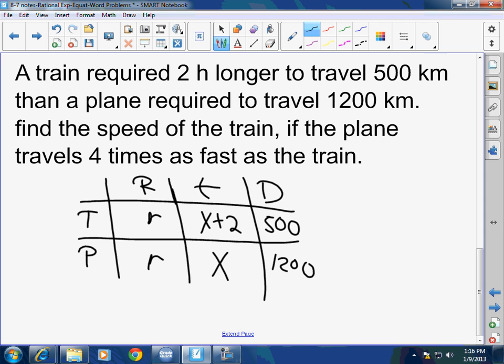So you're going to use the formula that I said before. Doesn't rate equal distance divided by time? So this rate is going to be 500 over x plus 2. This rate is going to be 1,200 over x. Are you guys with me so far?